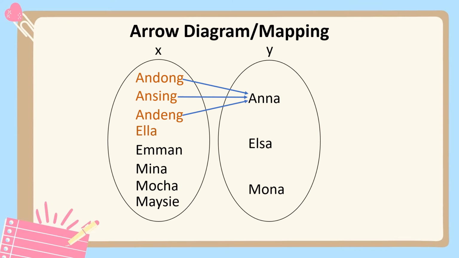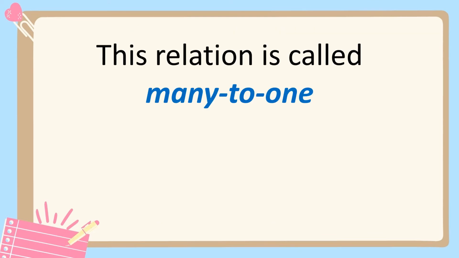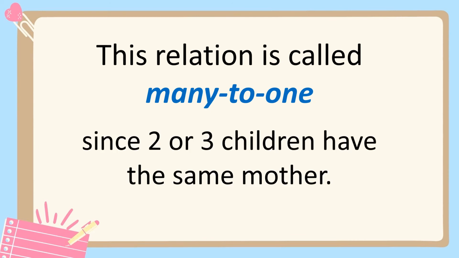Andeng to Ana. Ella to Elsa. Eman to Elsa. Mina to Mona. Mocha to Mona. And Macy to Mona. The relation is called many to one since 2 or 3 children have the same mother.